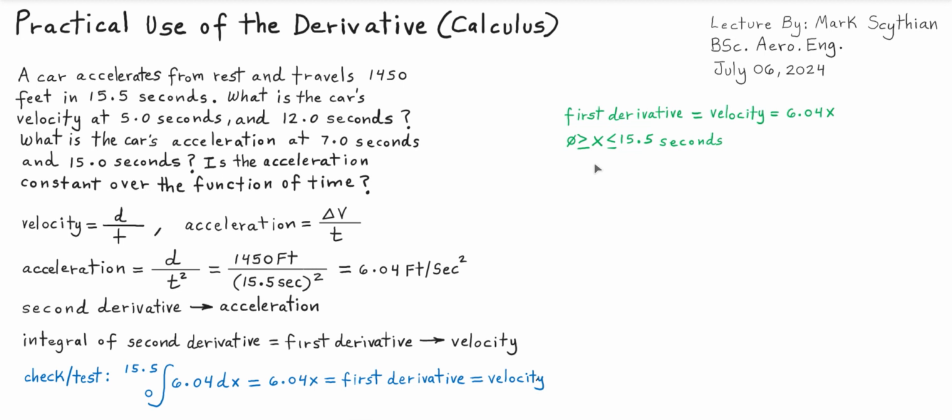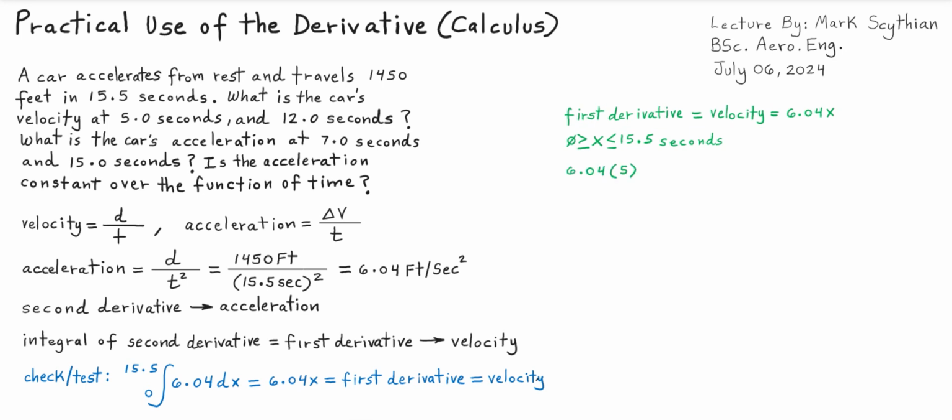So x is equal to or greater than 0 and equal to or less than 15.5 seconds. So that's the time period or the time limit on the x-axis, or the time axis.